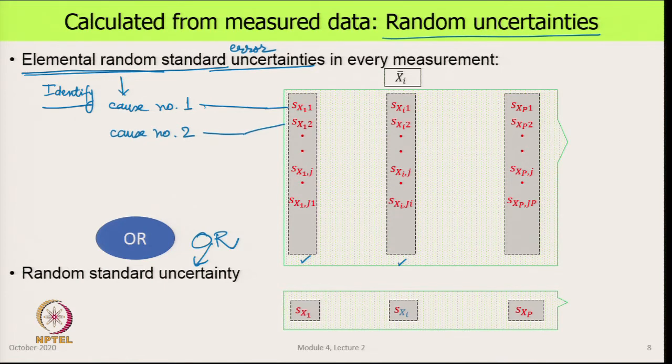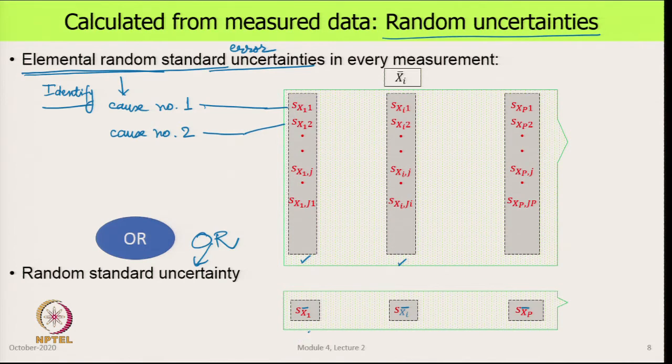We calculate the random standard uncertainty based on the data that we have collected, which I showed on the earlier slide. And from there, we can calculate Sx1 bar, Sx2 bar, Sxi bar, Sxp bar. So, that was our data set. We calculate its standard error, and that is the answer.